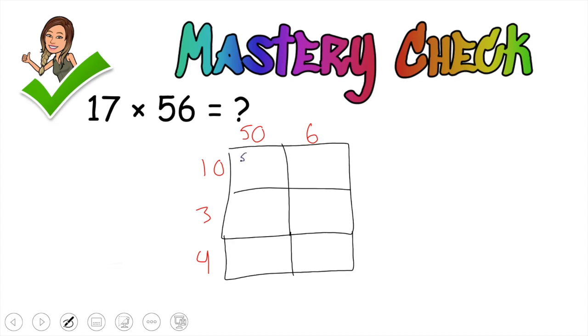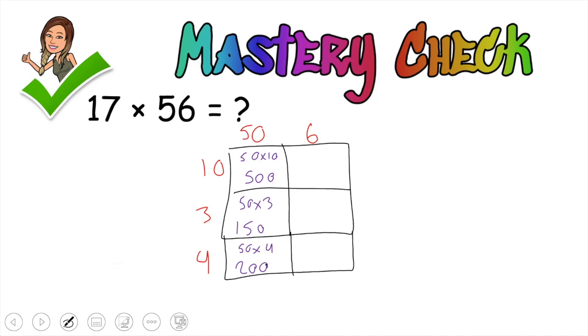I have 50 times 10, which is 500, 50 times 3, which is 150, and then 50 times 4, which is 200.